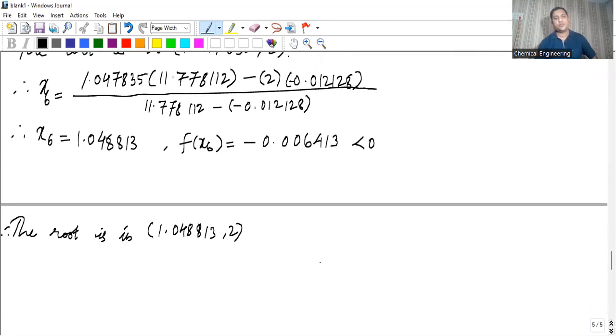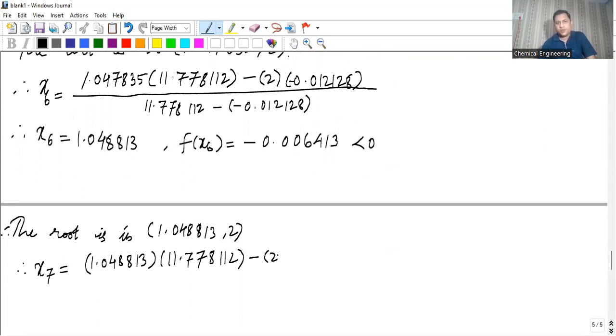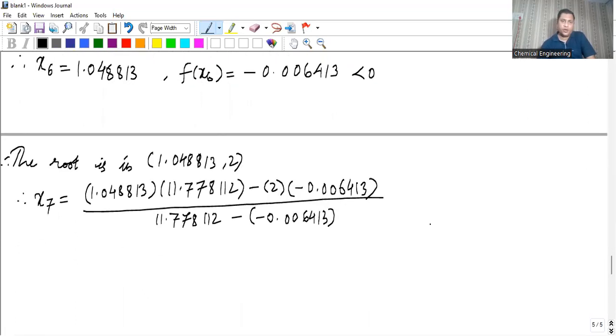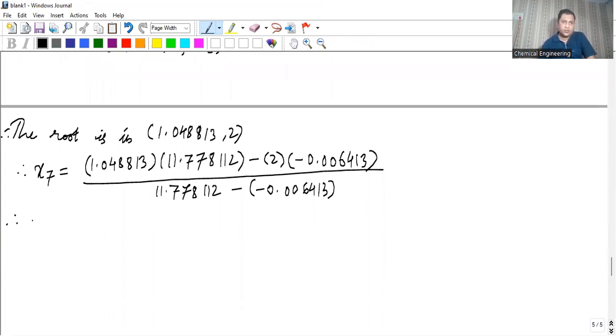Hence we can have the next iteration, x7, equal to 1.048813 into 11.778112 minus 2 into minus 0.006413, upon 11.778112 minus of minus 0.006413. I hope here you will get the answer.